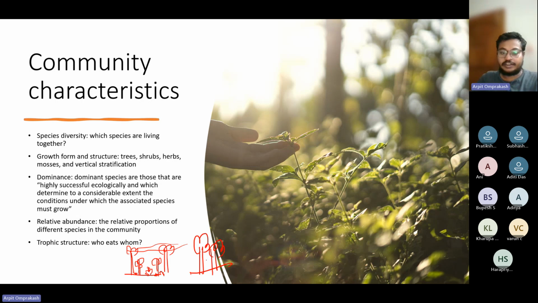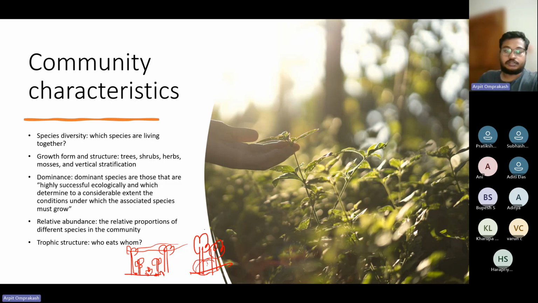So they basically determine the microclimate of the area under them. The amount of light that will come in, the amount of humidity, the amount of moisture in the air will be influenced by these larger and more numerous sal trees. So they are said to be the dominant species because they determine the conditions under which other species can grow in the community. Right.